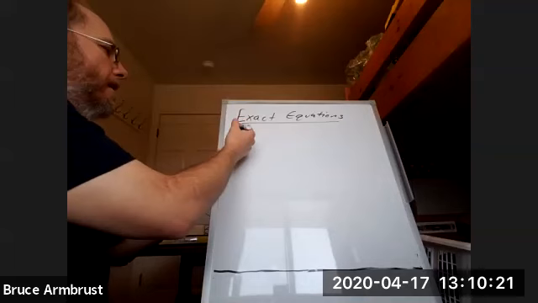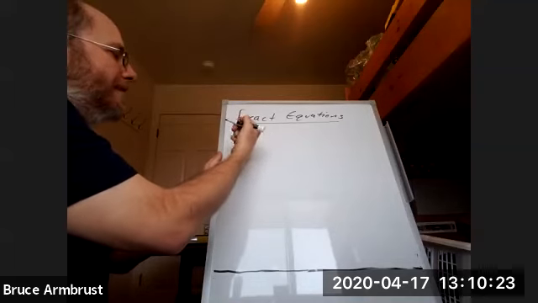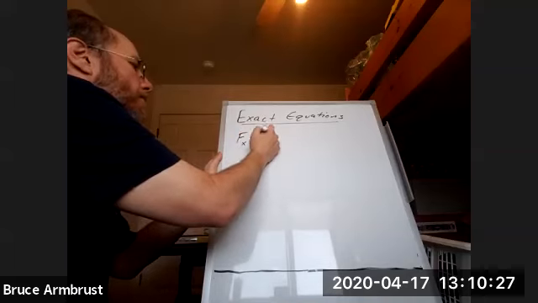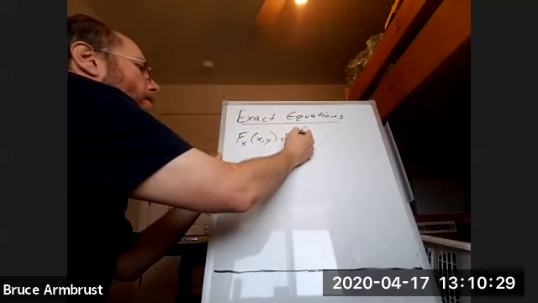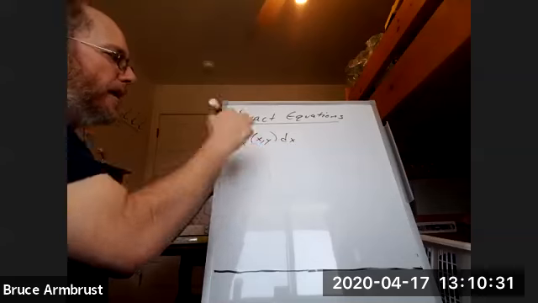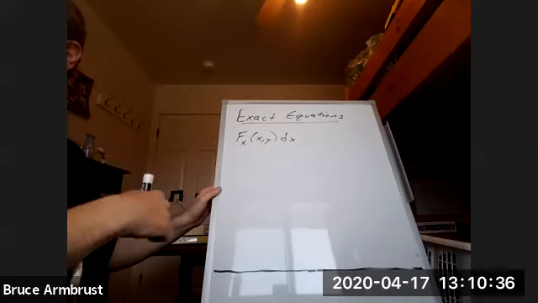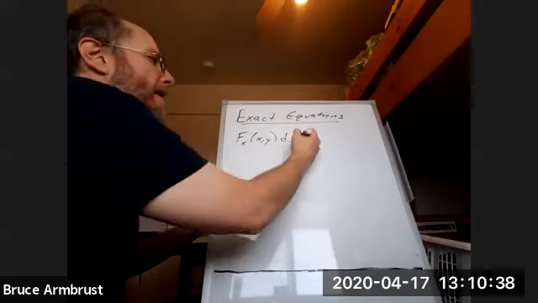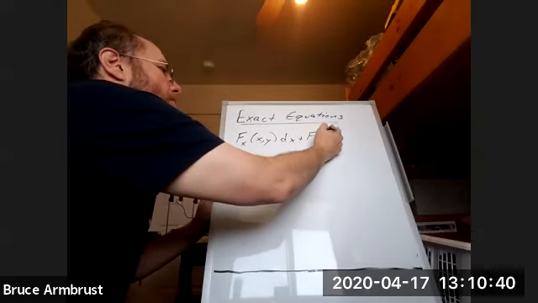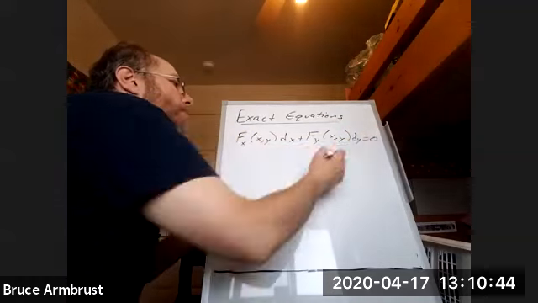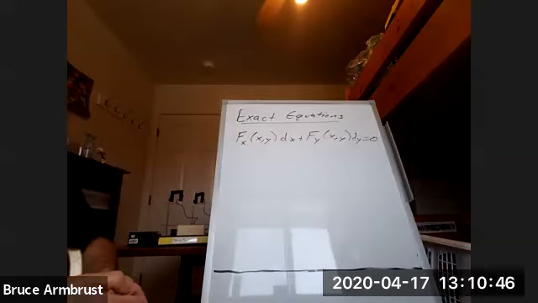We say that an equation is exact if it can be written in the form f sub x of x y, so the partial with respect to x of some function f, times dx, and then adding to that an f sub y of x y, dy, and then equals 0. So anything that can be written in this form is what we call exact.